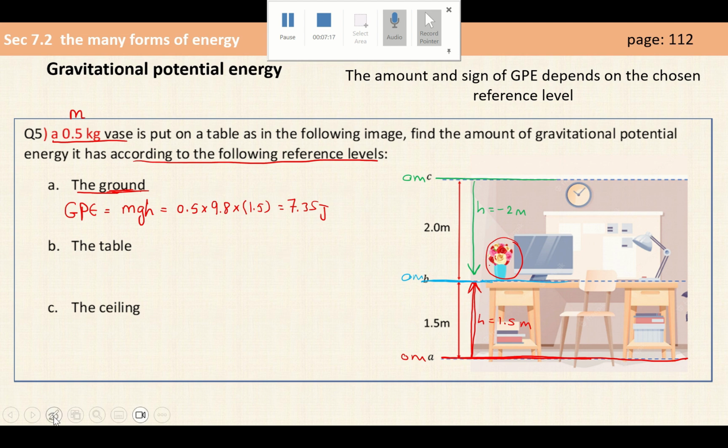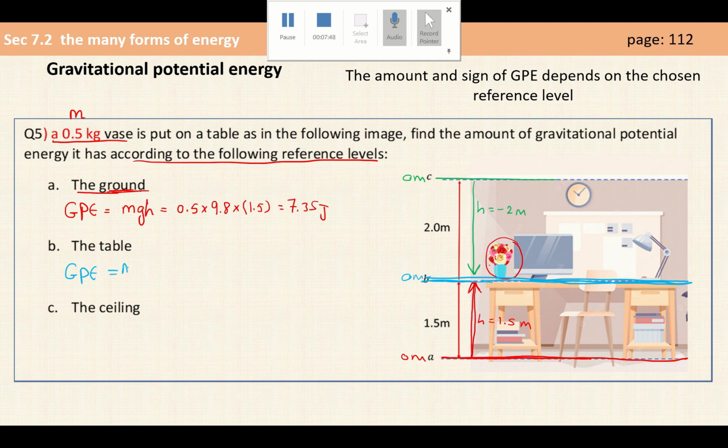Now, in the second part, you want to find the amount of the gravitational potential energy stored in the vase, but we're going to choose the desk as the reference level. So now we're measuring the height from the desk. Now, because this vase is placed on the desk, it's not lifted above it, so it's at the height 0 from the desk.